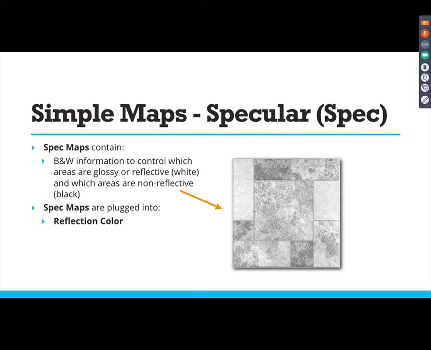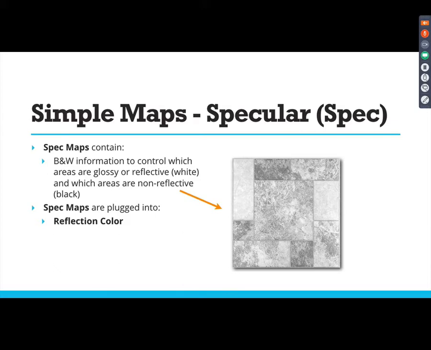So we generally leave reflection channel spec maps usually at white. And if it's a metal material, it will pull in color and do that for you automatically. But spec maps, black areas are non-reflective, white areas are completely reflective, gray somewhere in between.